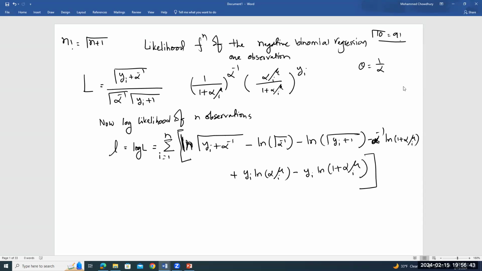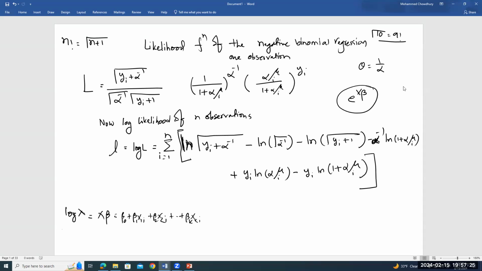Okay, can any one of you tell me where I can plug x beta? Take a look at that. I consider log of lambda. Last time I considered log of lambda equal to x beta. X beta can be written as beta 0, beta 1 x1i, beta 2 x2i, and it will go all the way to beta k xki, right?